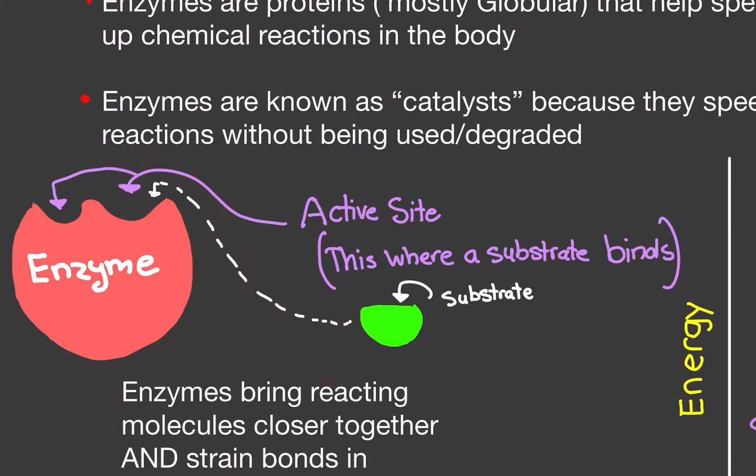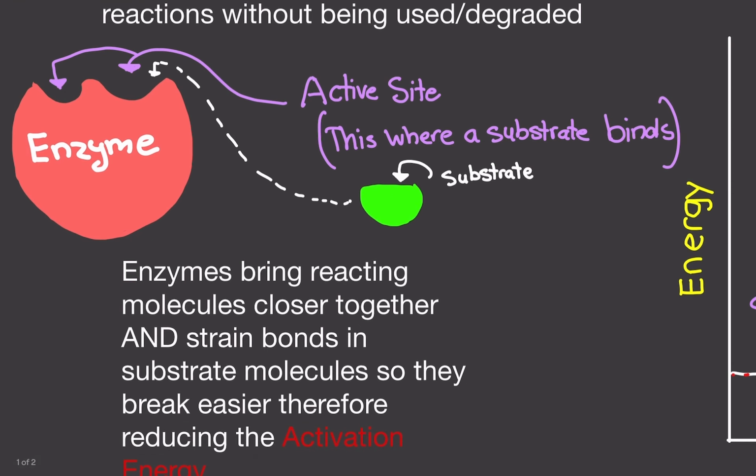And what the enzyme is going to do is literally strain that substrate. It's going to basically strangle it. I'm not even joking, that's actually how it works. It strangles that molecule, and it helps break the bonds in the molecule.